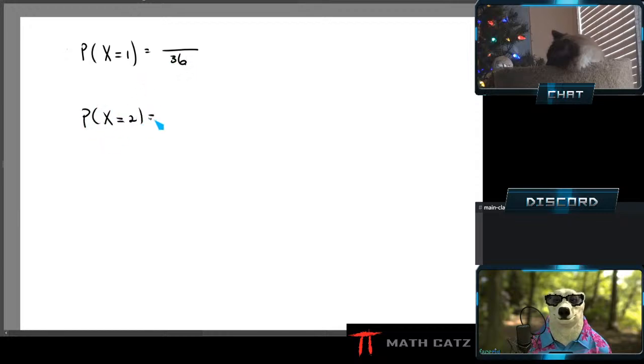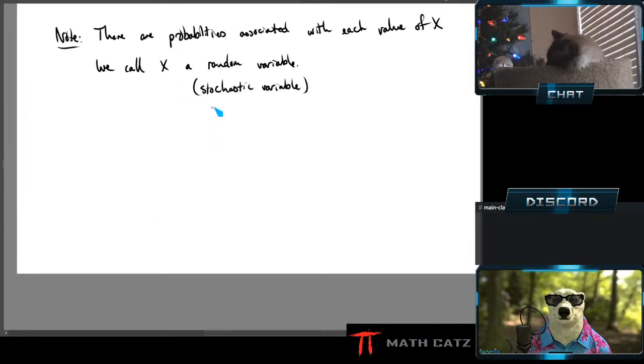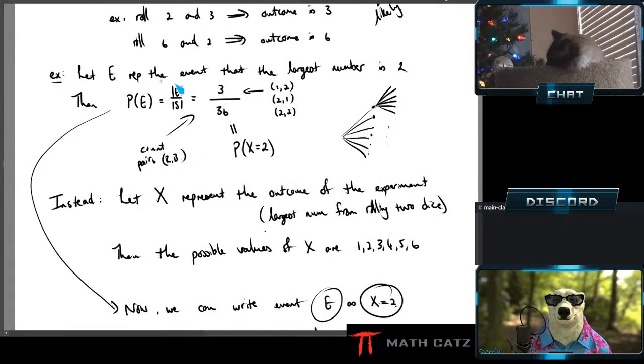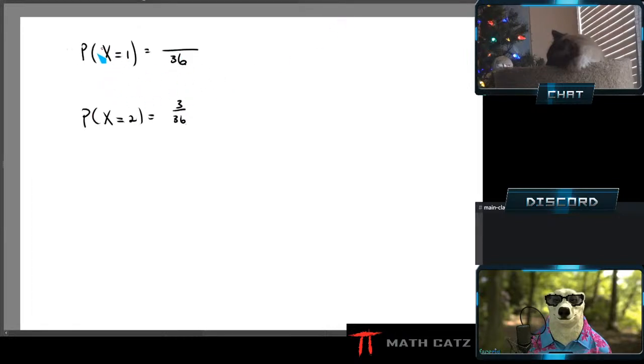We've already seen this one was 3 out of 36 because it was exactly the same as the event E. But instead of defining new events, I just refer to different values of X. So now I have to understand what I'm reading here. X equal to 1 is just the name of an event. What is the event? The event that the largest number is a 1. How many ways can I get that? By rolling 2 ones. There's only one way.